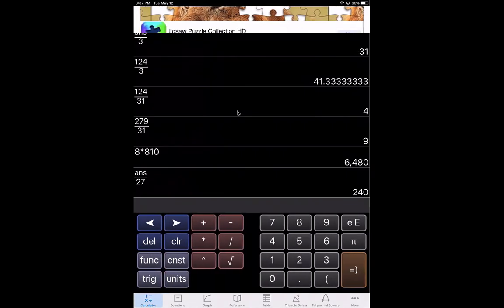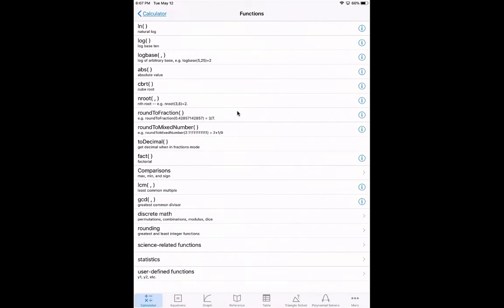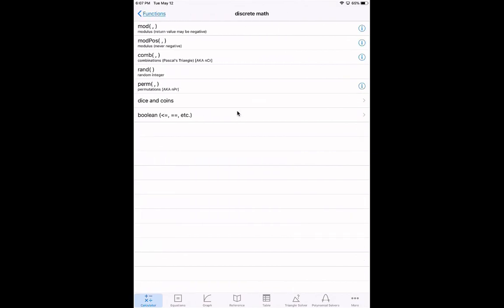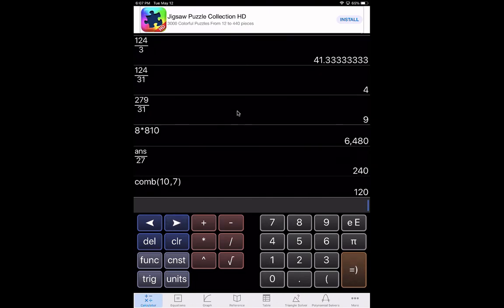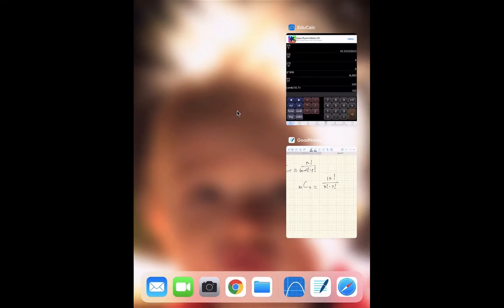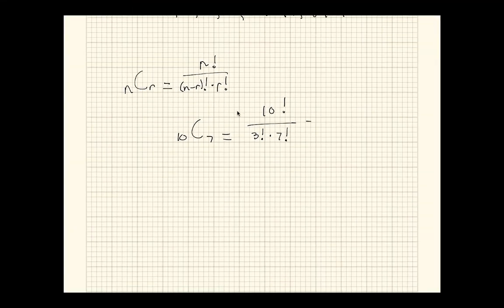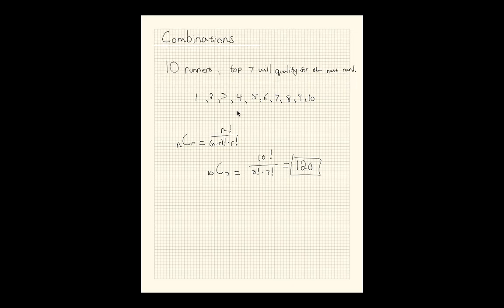I was pretty sure it's here. There it is. Combination. So we're going to do 10 choose 7. All right, and there are 120 different ways in which to qualify 7 people in a race of 10. So 120 would be my answer for that.